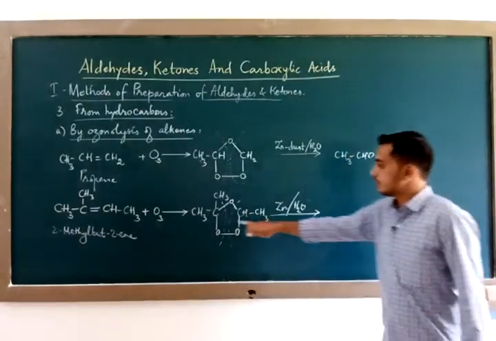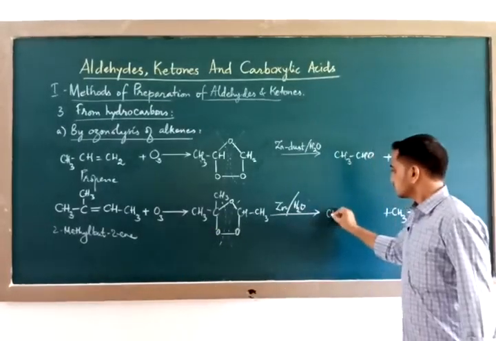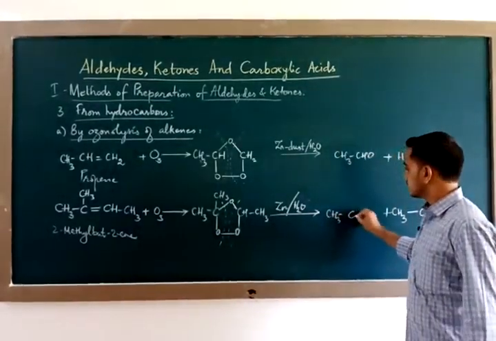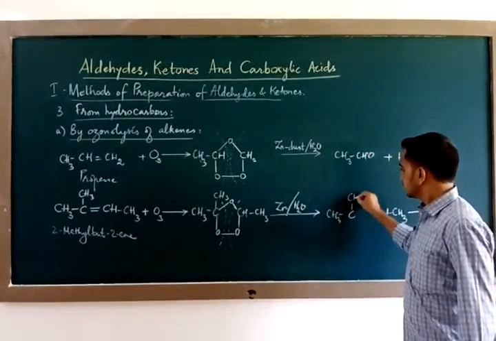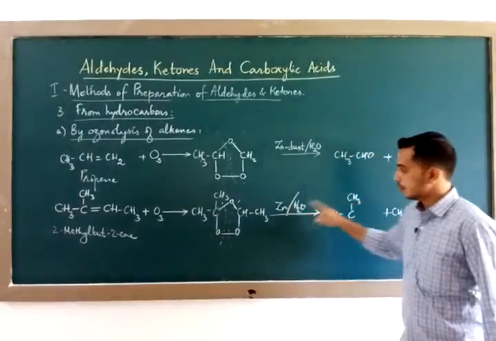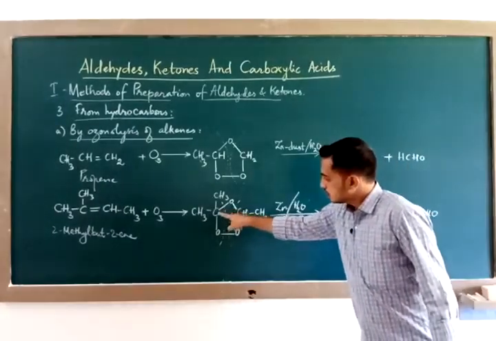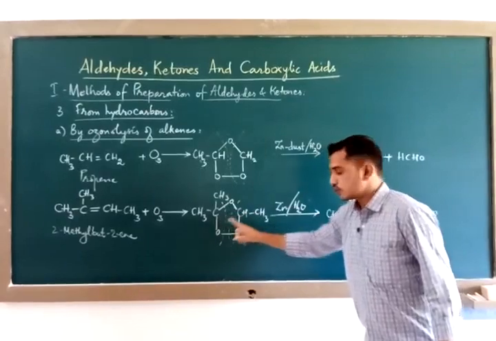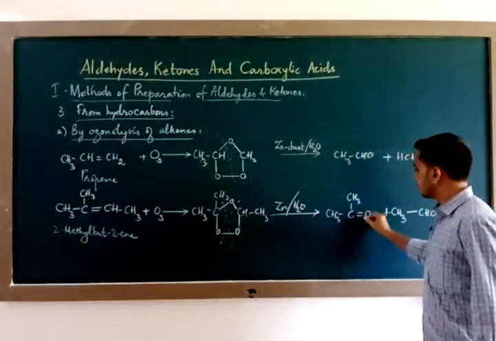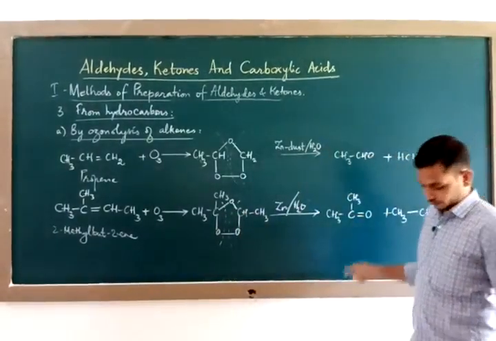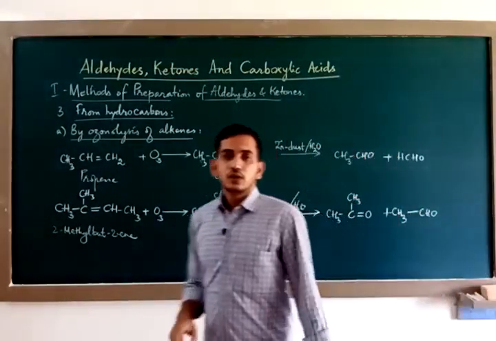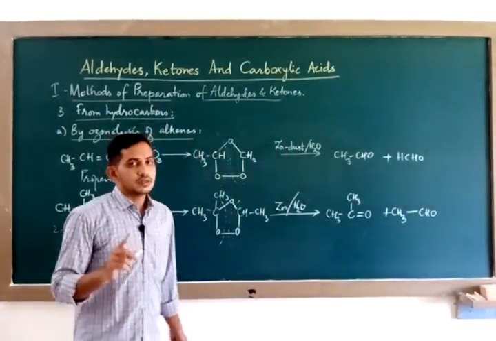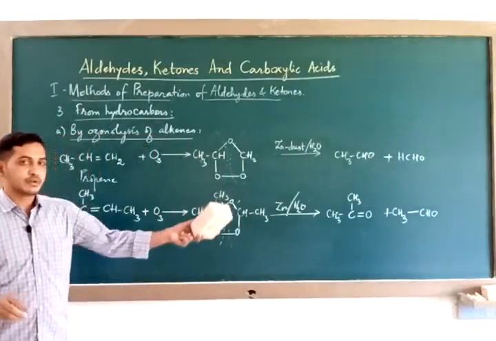On the other side you have CH3 dash C, with CH3 on the upside. This side the bond broke, therefore double bond O. This is a ketone. So depending on the nature of alkene you choose, you will get different products.